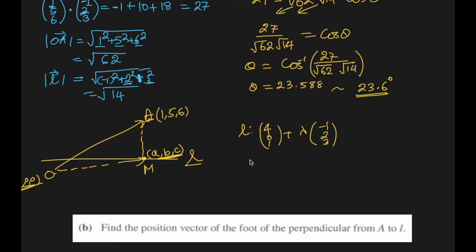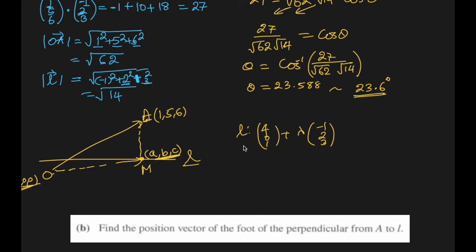So I can write here that a is 4 minus lambda, 4 minus lambda times minus 1, so 4 minus lambda. b will be 0 plus 2 lambda, just 2 lambda, and c will be 1 plus 3 lambda.